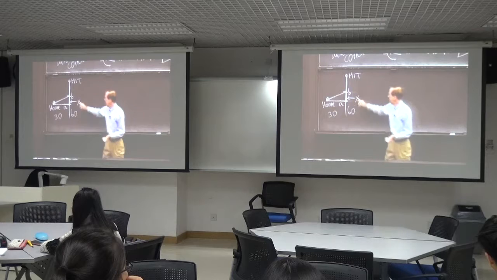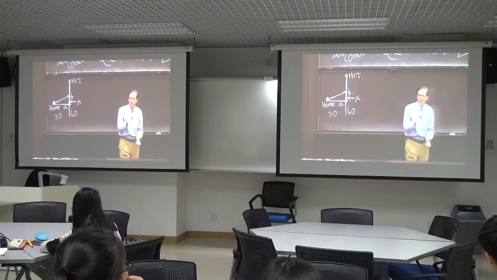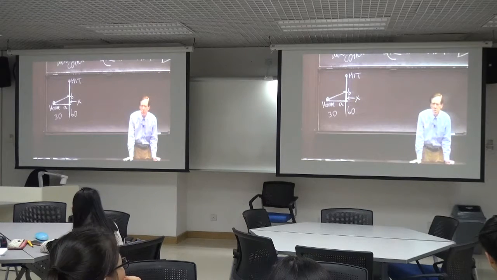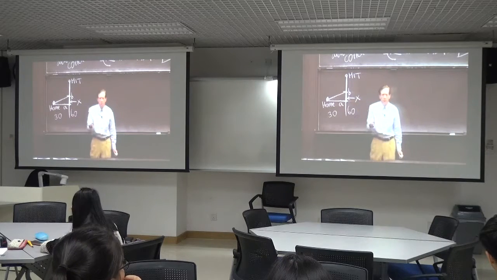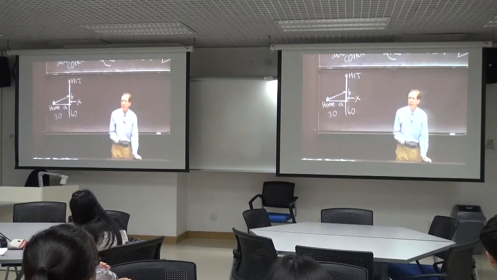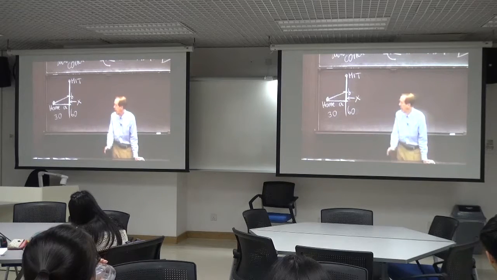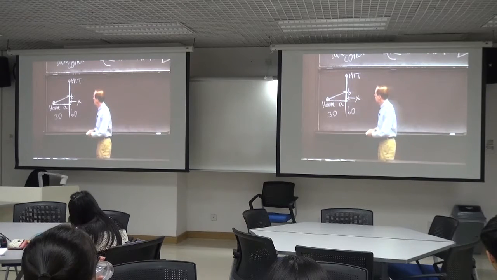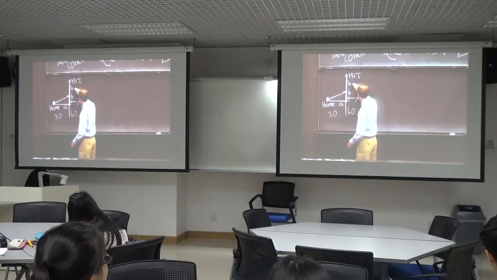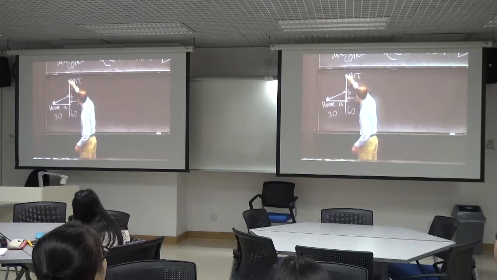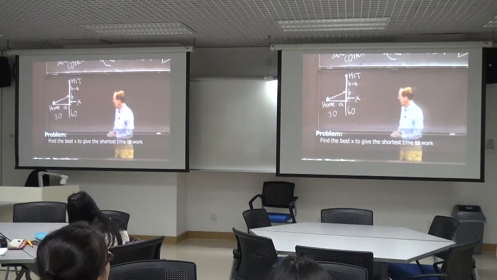I could take that as the unknown x. That was a key step, of course, deciding what should be the unknown. I could also have taken this angle as an unknown, and that would be quite neat too. But let me take that x. So this distance is then b minus x. That's what I travel on the Mass Pike.